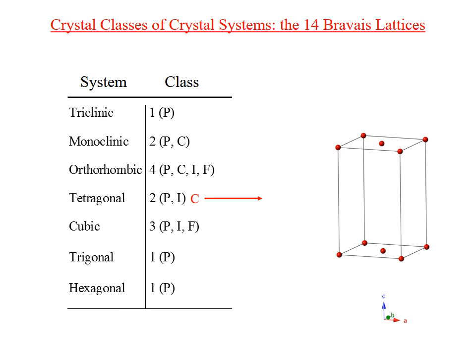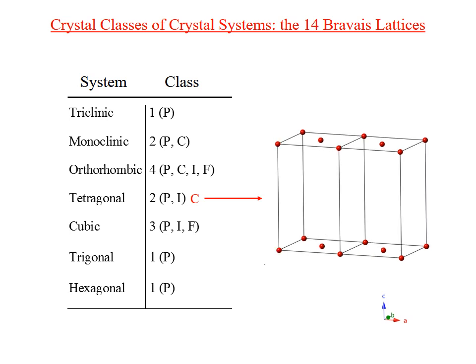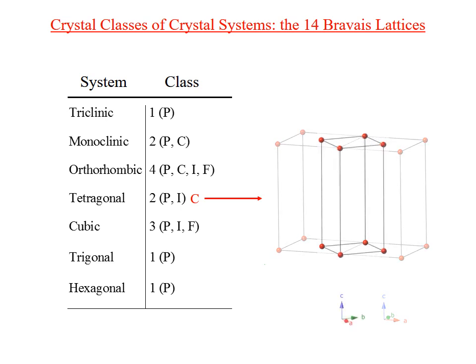I can draw one. However, if I draw a slightly larger version, then what I can do is, because this is a tetragonal cell, all of those angles on the top and bottom faces are 90 degrees. That means that if I rotate 45 degrees and connect up the closer lattice points, those angles will also be 90 degrees. So I could draw a cell like this. Now this unit cell is also tetragonal.